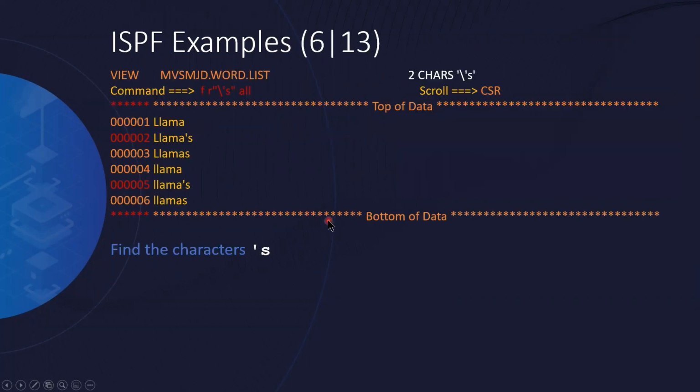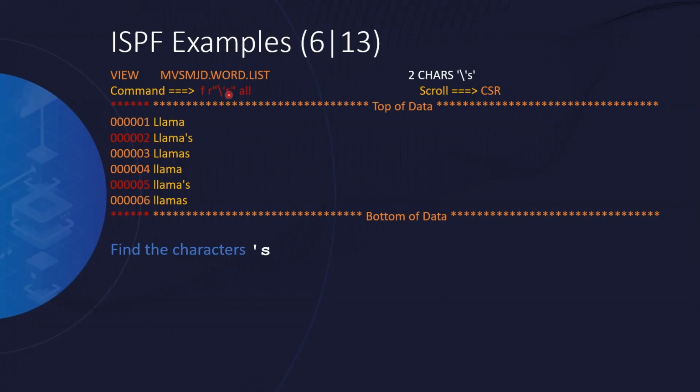Now, if I wanted to find the characters apostrophe S, I would use this regular expression. So find R for regular expression. I use a double quote because I'm looking for a single quote and I don't want to get ISPF all confused. I've got an escape because I'm looking for a meta character, which is the single quote.